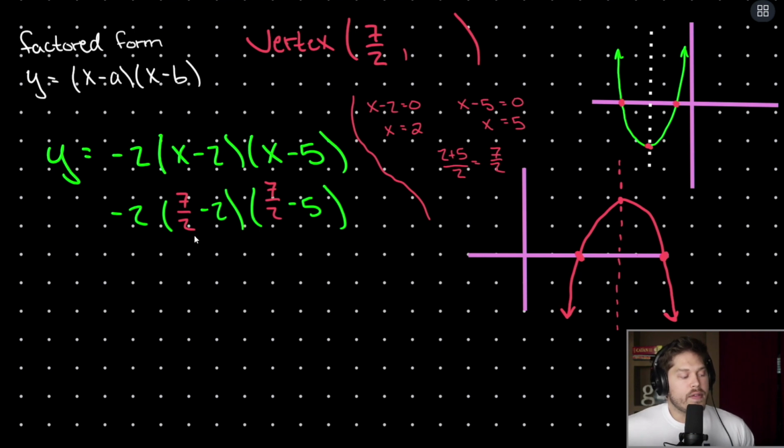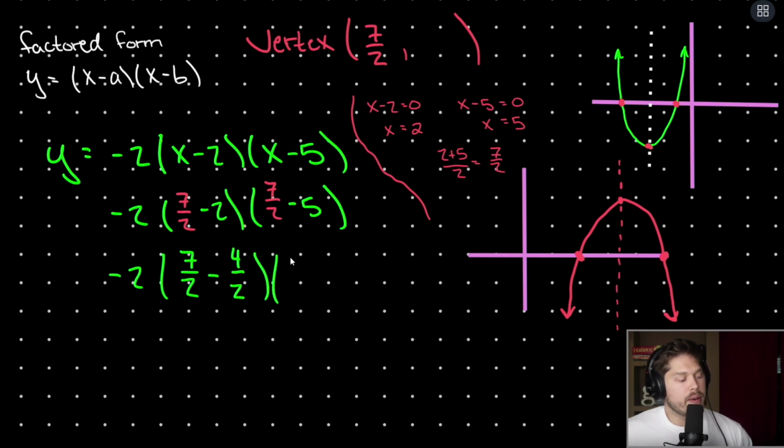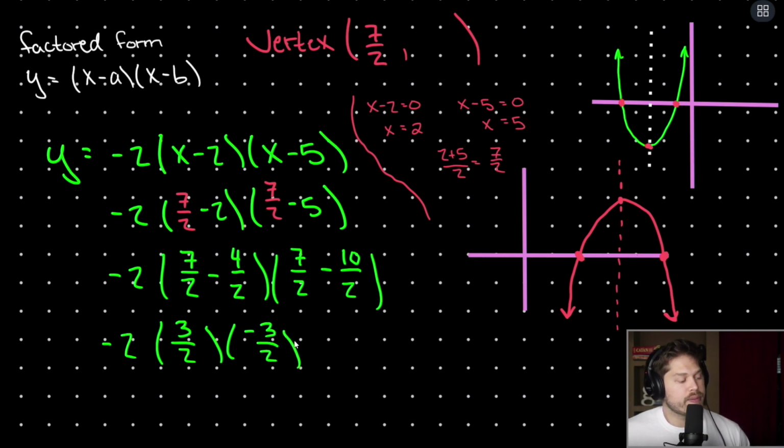So what is 7 halves minus 2? Well, you can think of this as negative 2 times 7 halves minus 4 halves times 7 halves minus 10 halves. And then you can just simplify. We have negative 2 times 3 halves times 7 halves minus 10 halves is negative 3 halves.